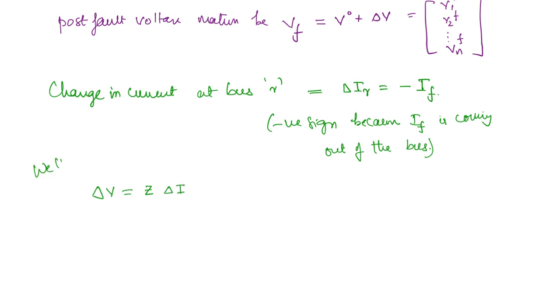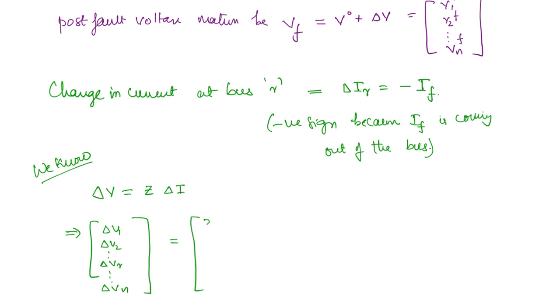So delta V is equal to Z into delta I. If you write the entire matrix form: delta V1, delta V2, and so on till delta VR, and so on till delta Vn, is equal to Z11 so on till Z1n, and similarly the rth row ZR1, ZR2 and so on till ZRn. The final row is Zn1 and so on till Znn.